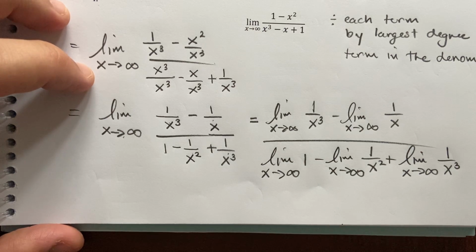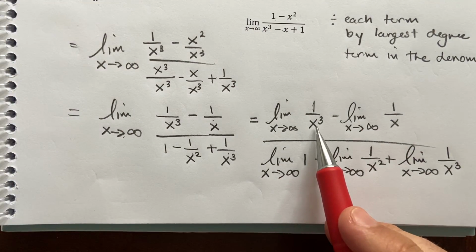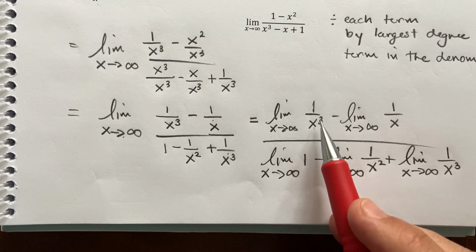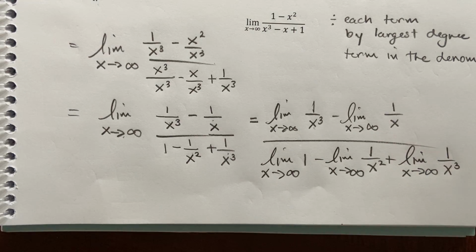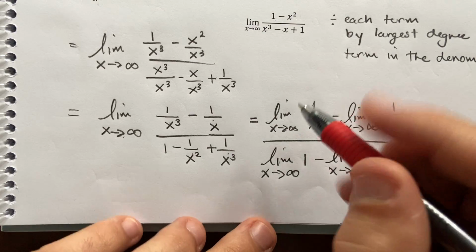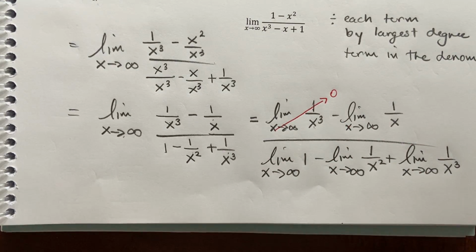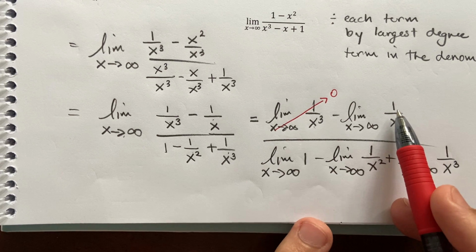Okay, so limit as x approaches infinity, if I imagine that x is getting very, very large positively, like imagine x is a billion, 1 over a billion cubed is approaching 0. So I'll essentially say this thing goes to 0 for sure, right?